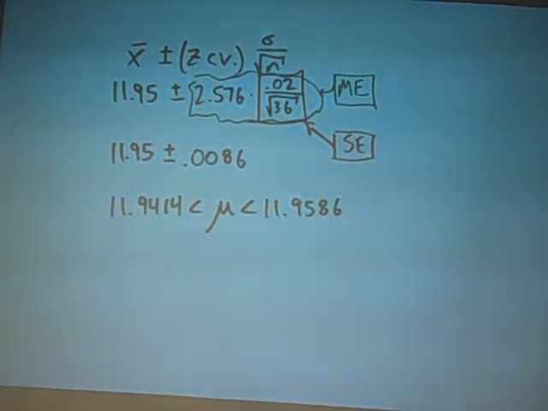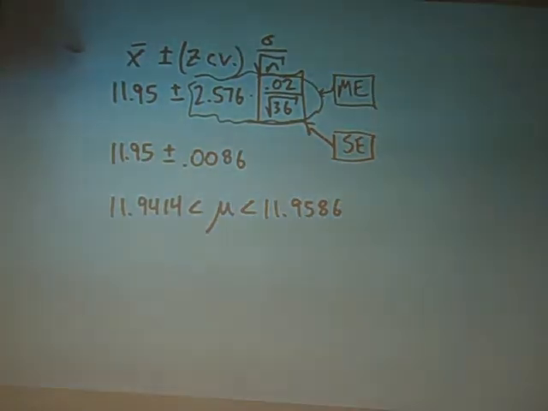So basically that's our interval estimate of where we think mu is. It's somewhere between 11.9414 and 11.9586. Okay, so that's number two. That's the 99% confidence interval.